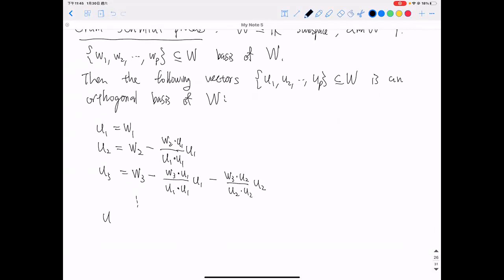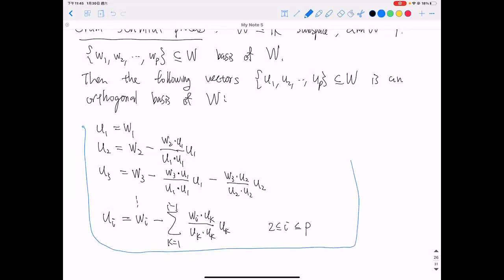In general, Ui is constructed from Wi by subtracting the following quantities: Wi dot Uk over Uk dot Uk, times Uk, where k goes from 1 to i minus 1, for every i bigger than or equal to 2 and less than or equal to P. This is certainly very complicated looking.